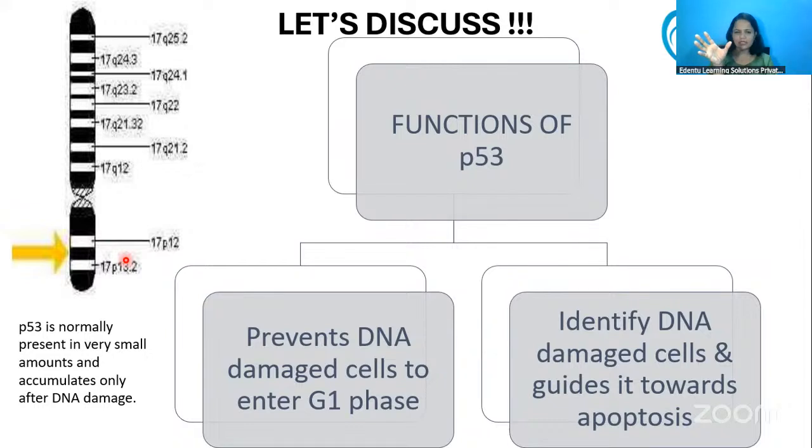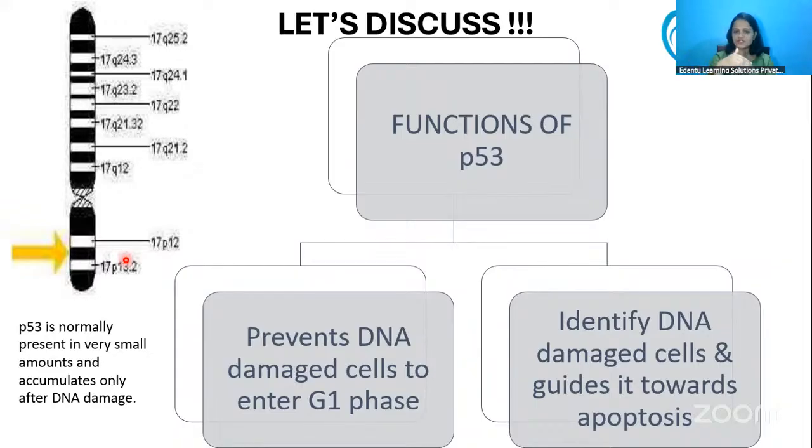In a normal cell, P53 will be present in very small amounts only. But if some kind of DNA damage is happening inside the cell, then you will see lots of P53 in that particular cell, in that cell cycle process.